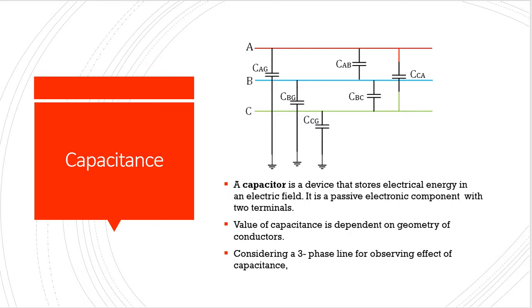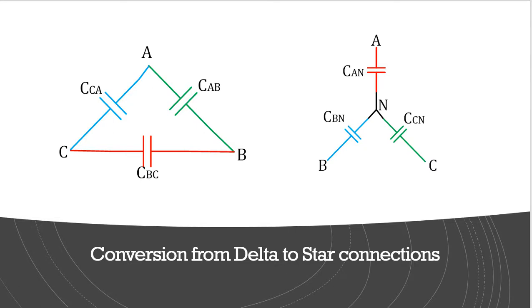But if we have to transform it into the Y connection or the star connection, then what will happen? The neutral point will pop in. It means that, as you know, the fundamental difference between the delta and Y connection is the presence of the neutral point, right?